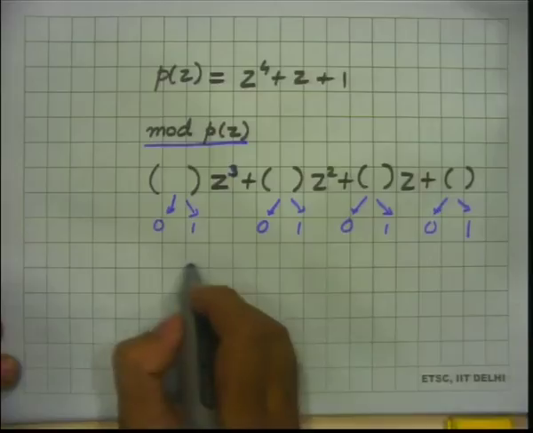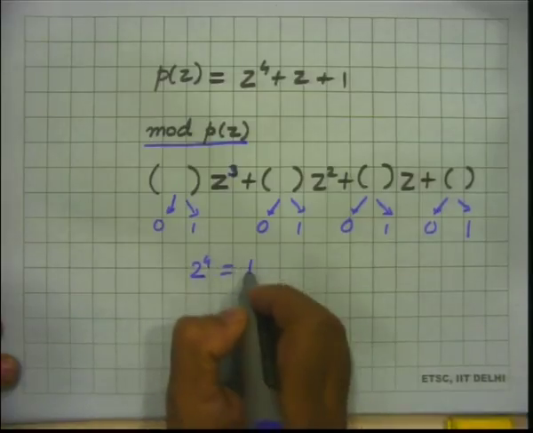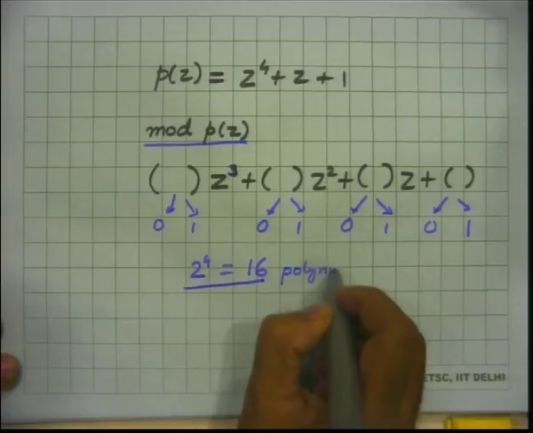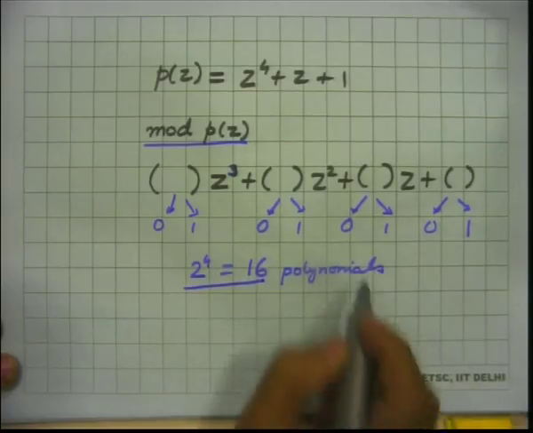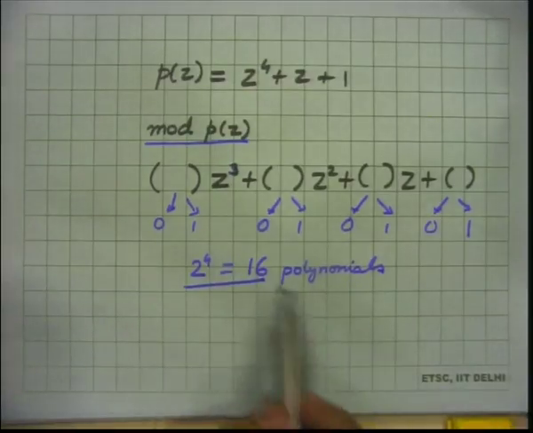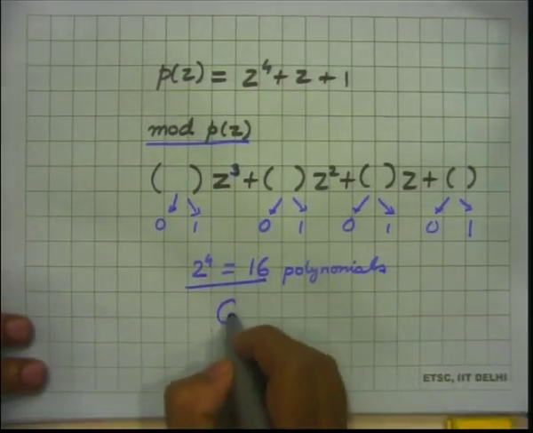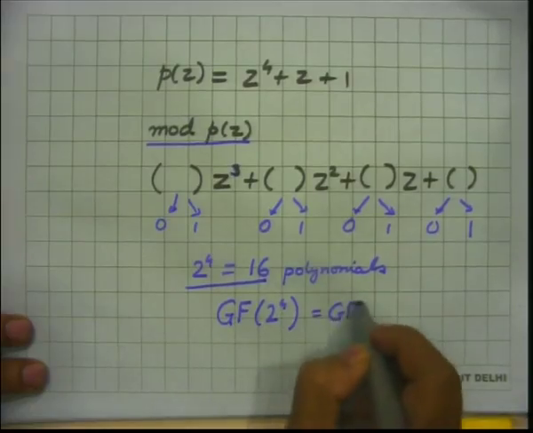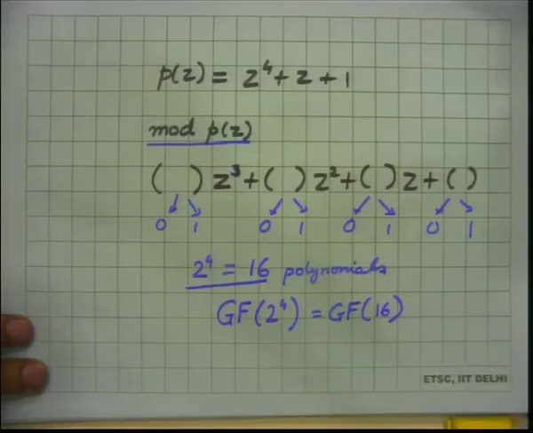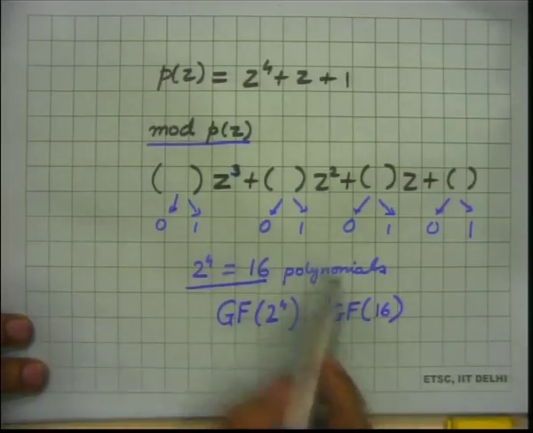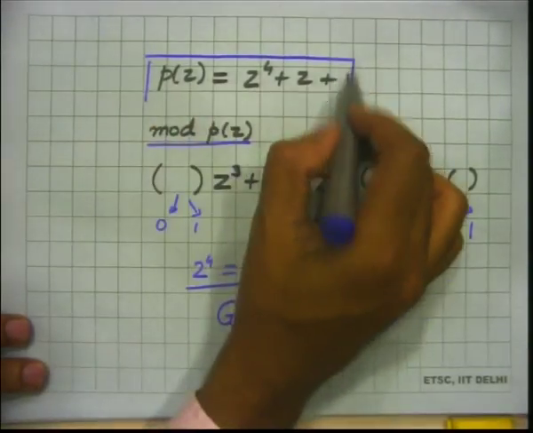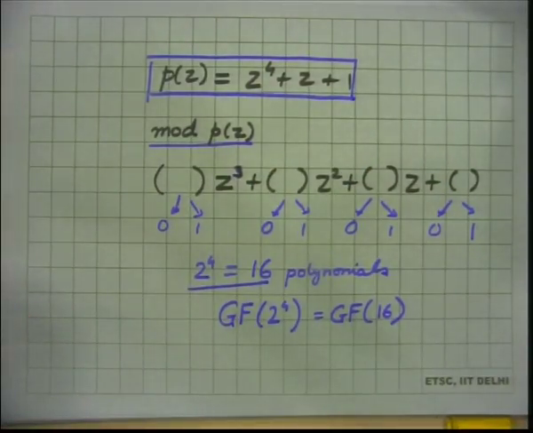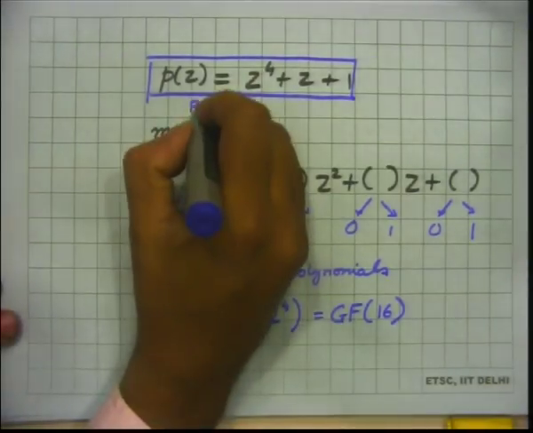So, you have 2 raised to power 4 equal to 16 unique polynomials, and these will represent your 16 elements over GF(2^4). But the only way we would be able to construct this is going with modulo p(z), because p(z) is the primitive polynomial.